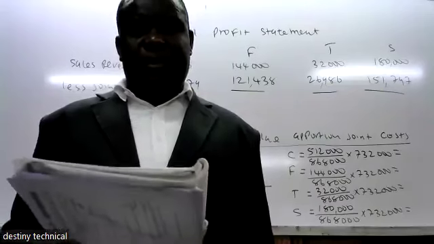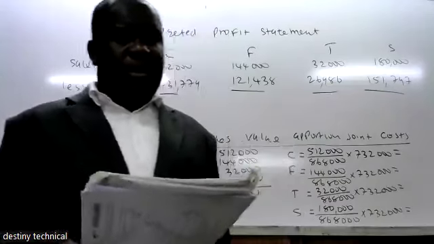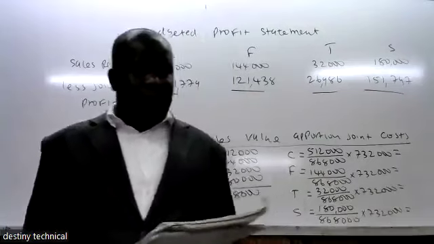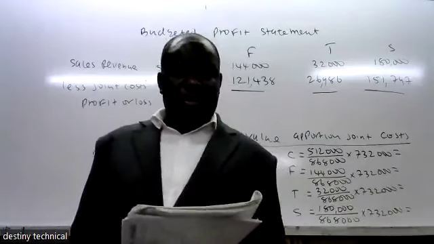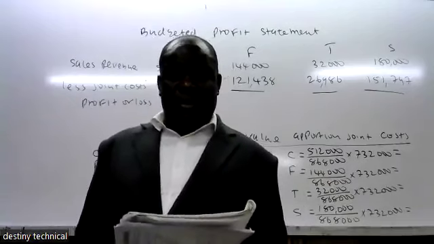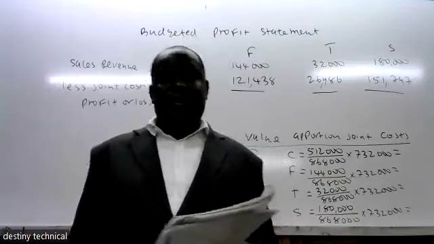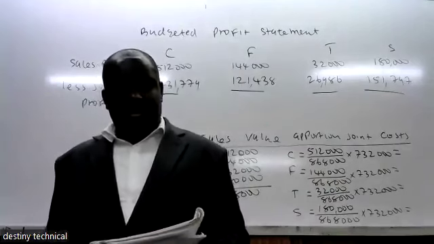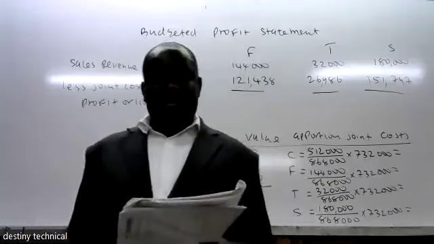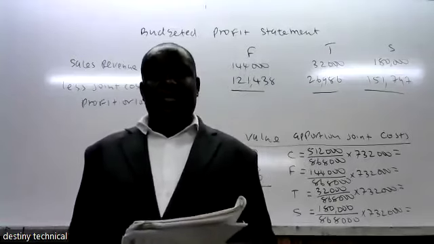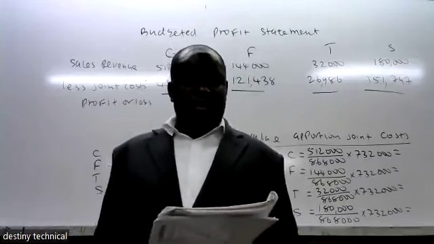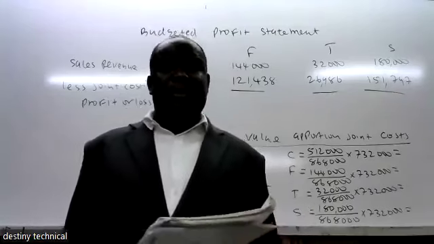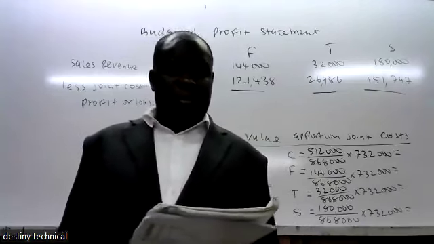So for the sales value at the split off point, we say that where the sales value of the product can be established at the split off point, the joint costs should be allocated using the sales value.